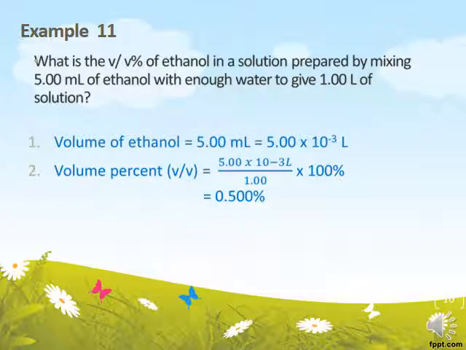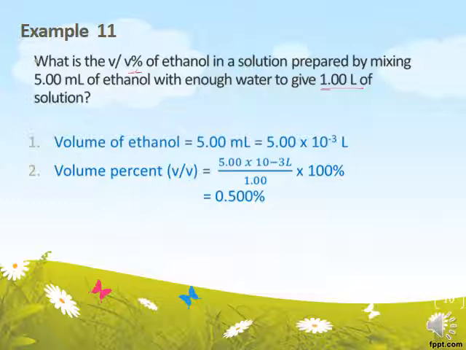Okay, example 11 is volume over volume. What is the volume over volume percent of ethanol in a solution prepared by mixing 5 ml of ethanol with enough water to give 1 liter of solution? So how to solve this question?